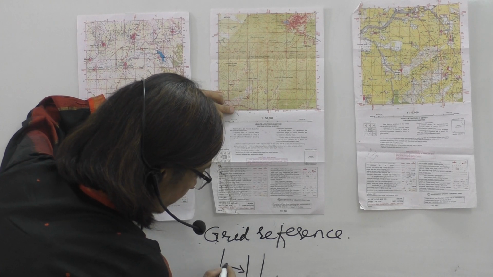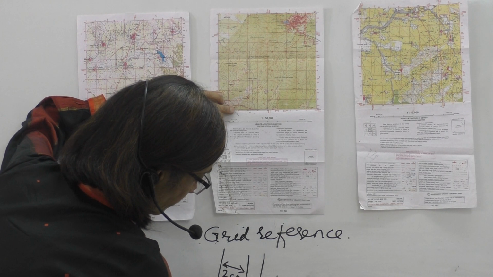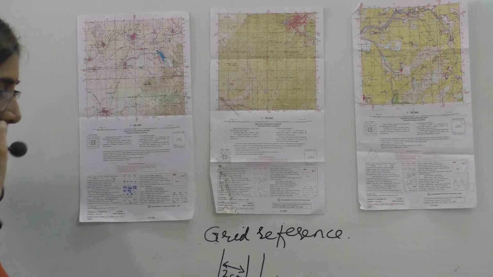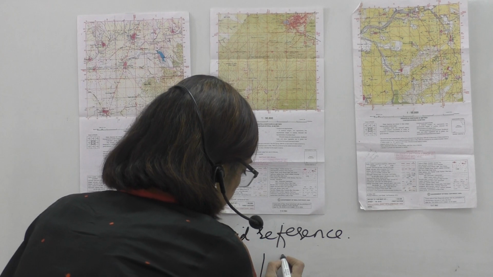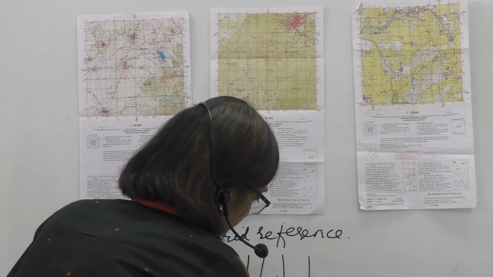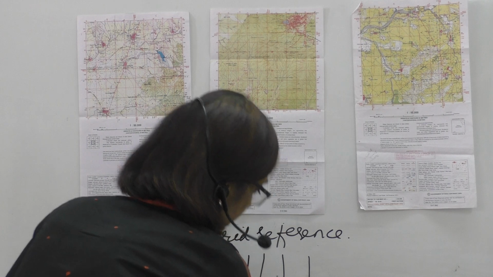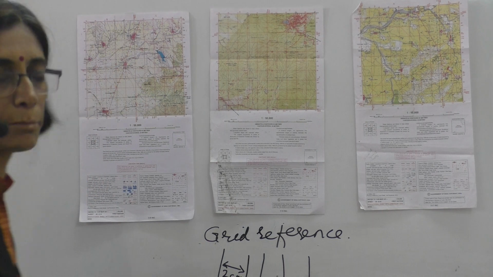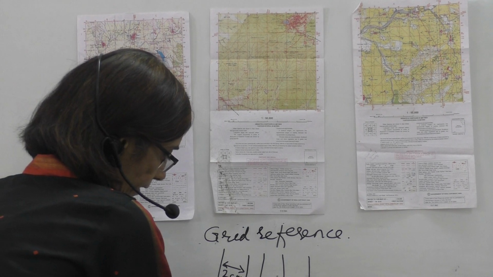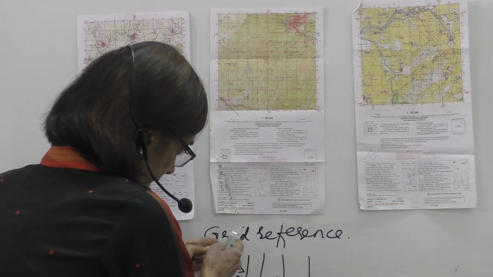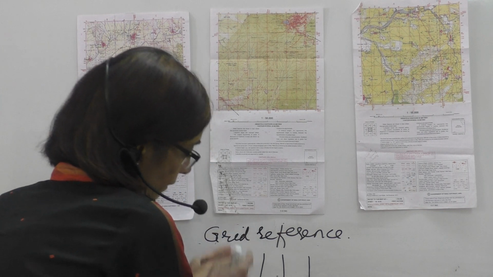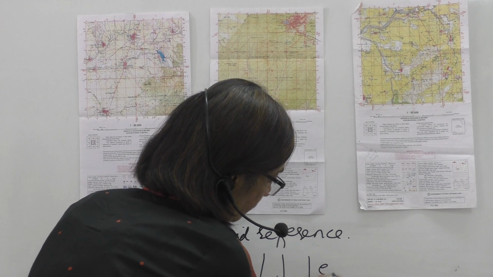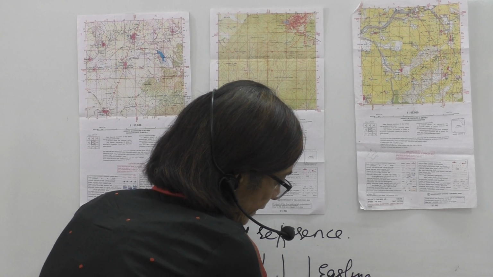Each line is at an interval of 2 centimeters, so 17, 18, 19, each at a distance of 2 centimeters. The number increases towards the east, each number representing a vertical line. These lines are called eastings.